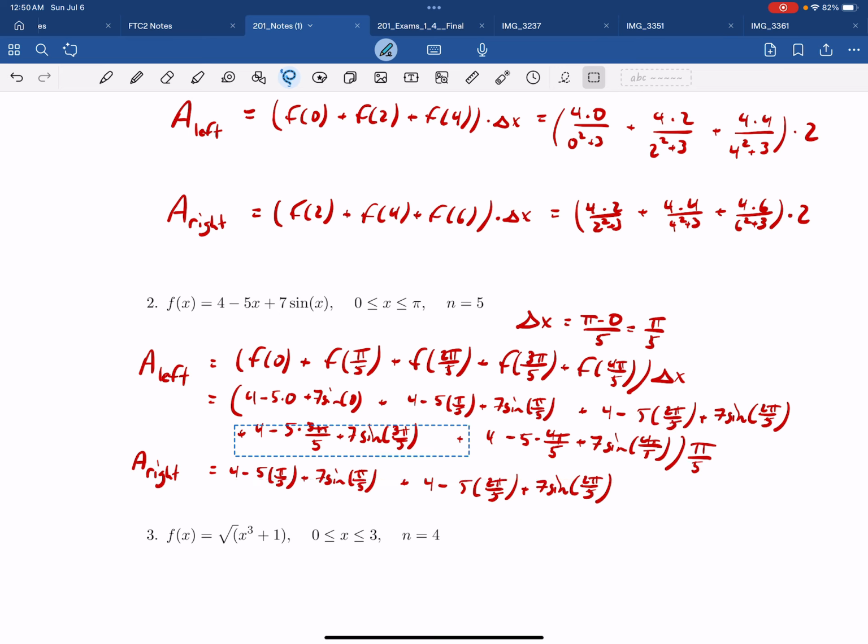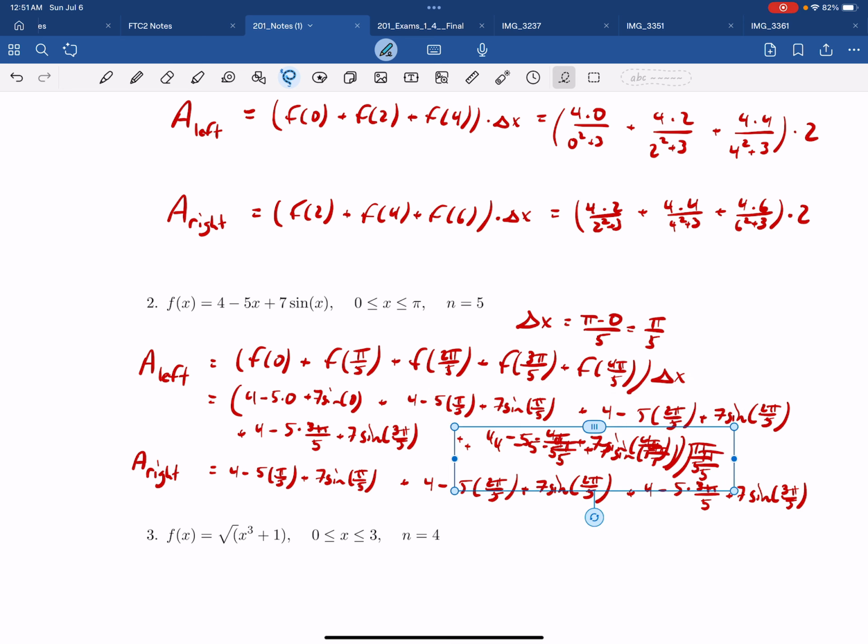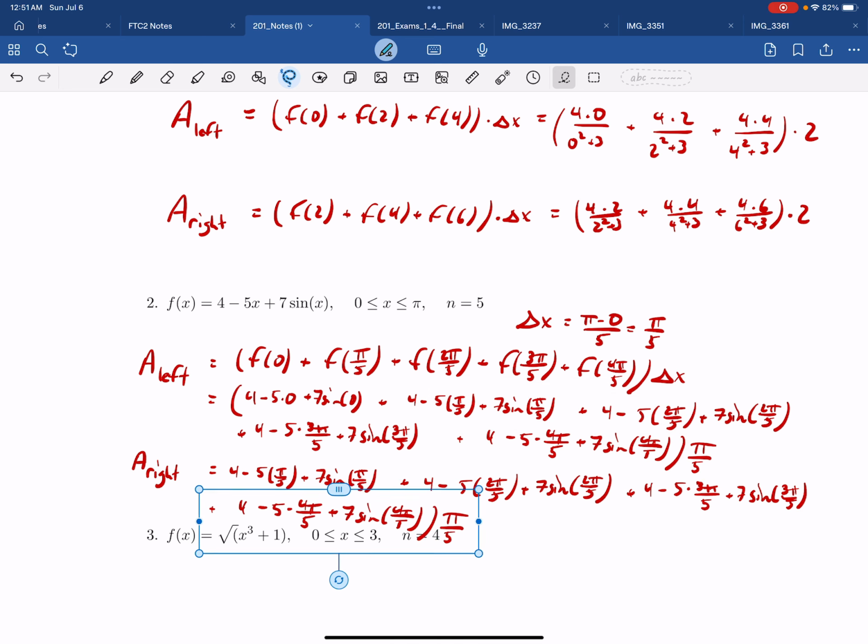I guess I'll just have to copy this term by term, and do this all manually. Right, we get that there.